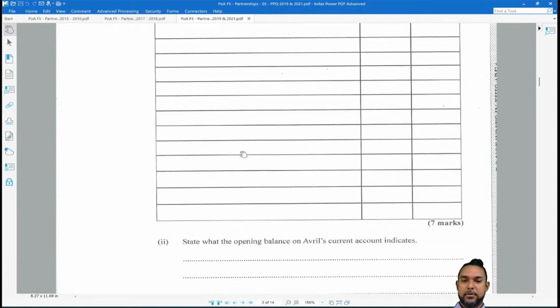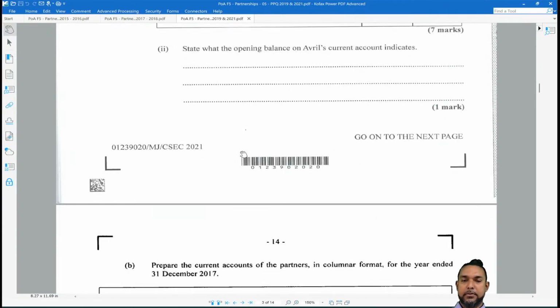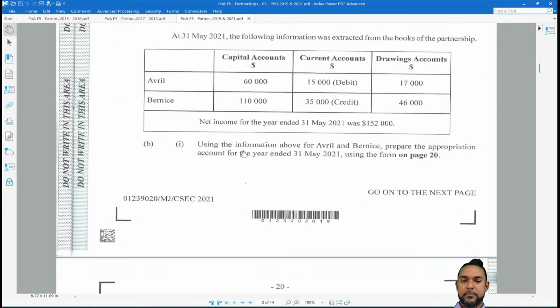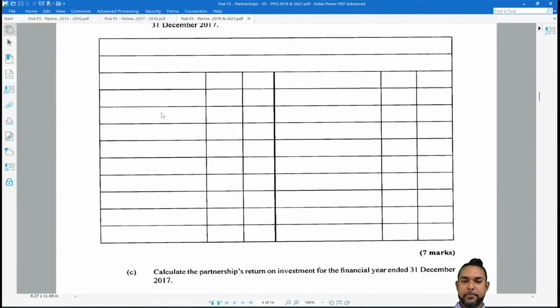What I'll do is print out the format here.